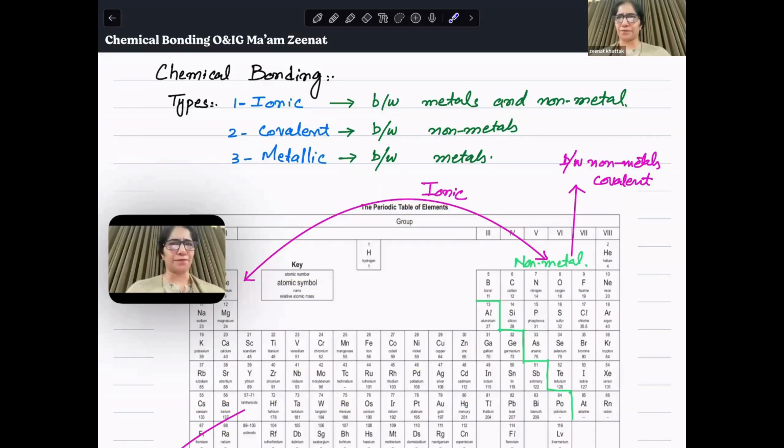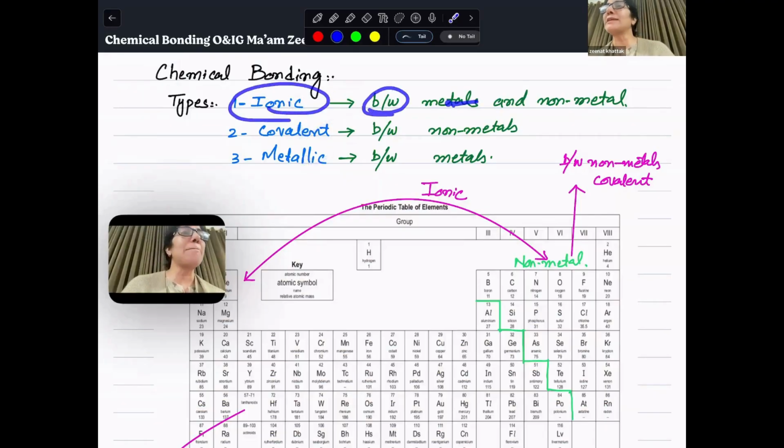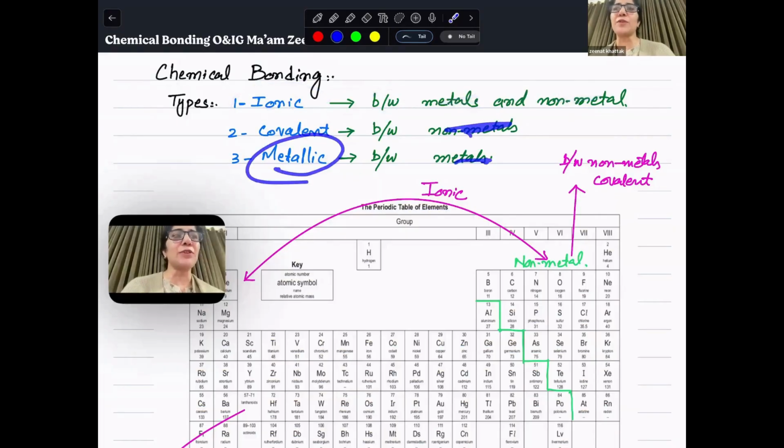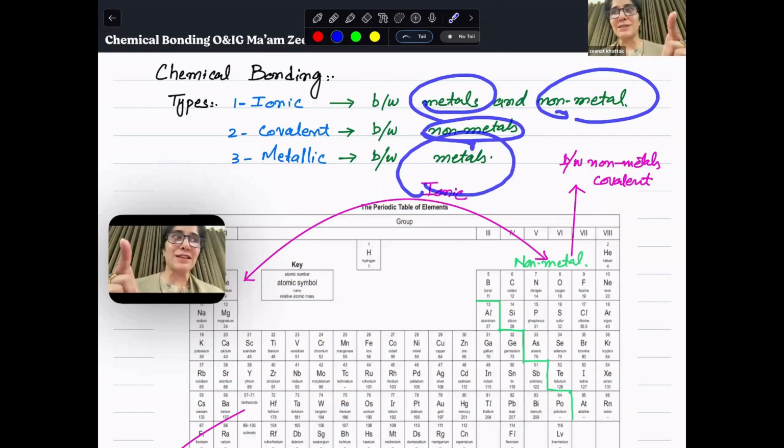The first thing: chemical bonding has three types: ionic, covalent, and metallic. Ionic is between metal and non-metal. Covalent is between non-metals. Metallic is between metals.